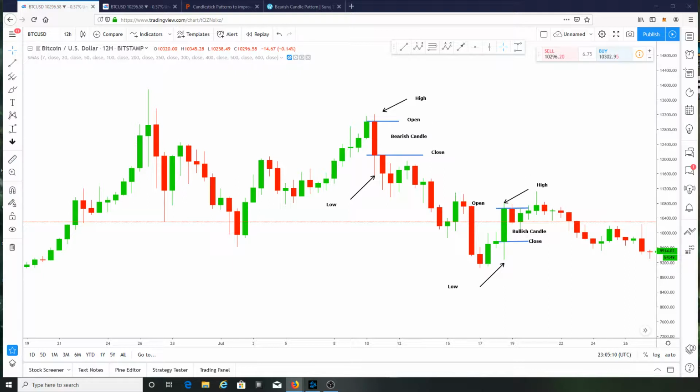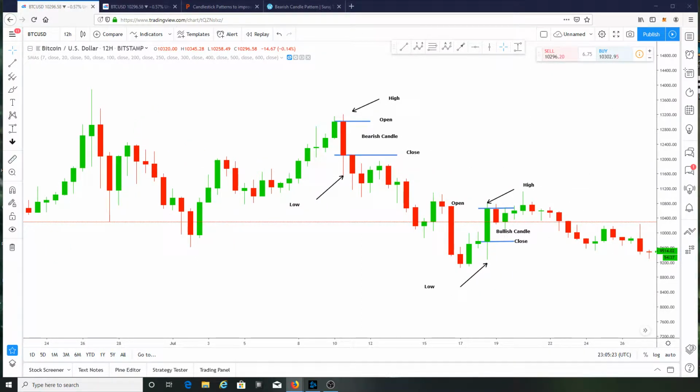There are patterns in these candles also that are separated into bullish and bearish. But let me back up one more part on these wicks here.